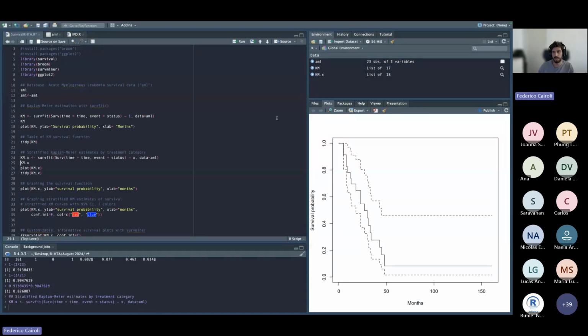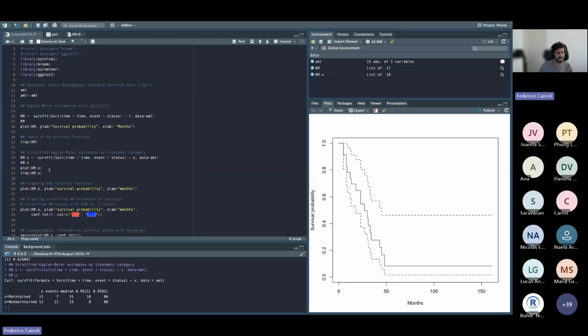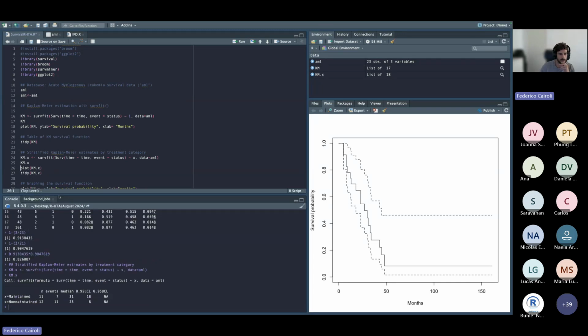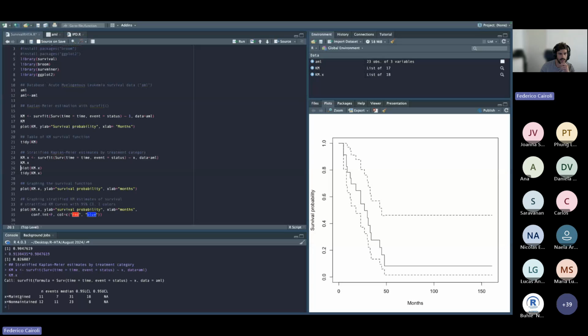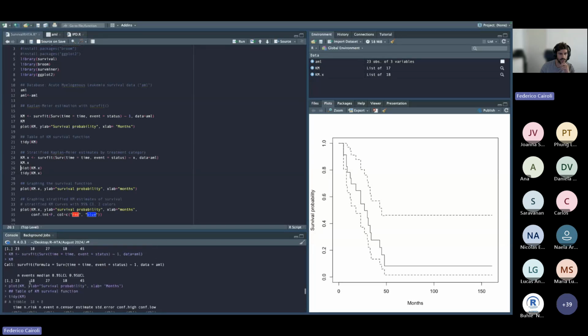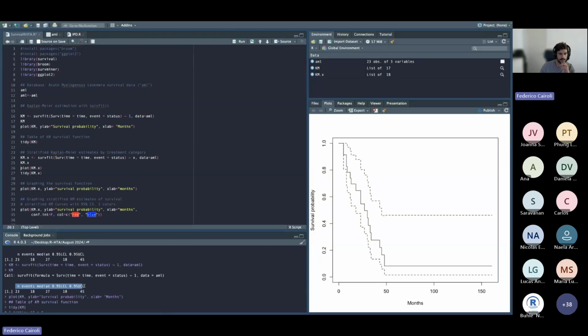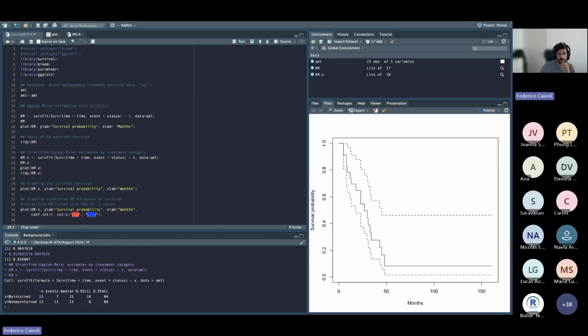We run this object, and we have this specific information here. Then we are going to see this summary again. You remember that originally we just had this information for the whole cohort, n equal to 23, 18 events, and the median survival for the whole data set. Here we are seeing information stratified by treatment category.